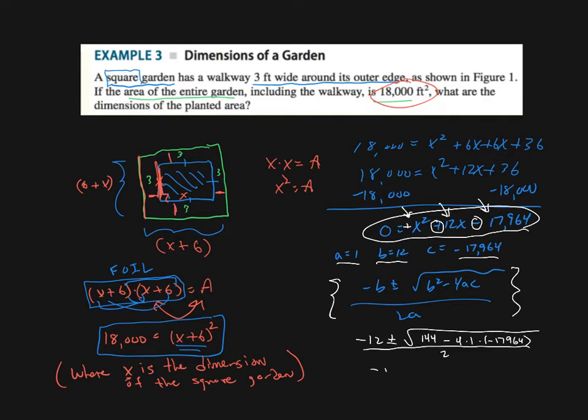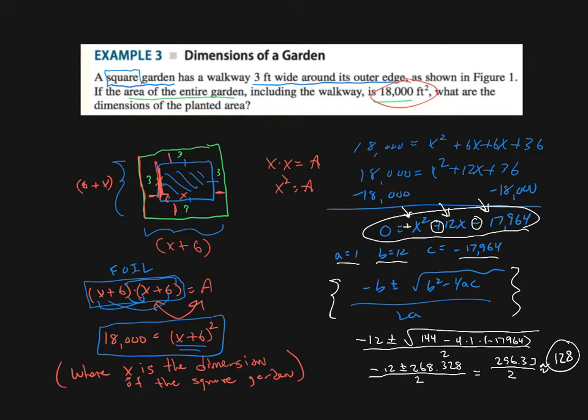And what I end up with is negative 12 plus or minus roughly 268.328. That's enough of the decimals, all divided by 2. Now, if I do the negative 12 minus that on the top, I'm going to have a big fat negative answer. So I'm only going to look at the positive version, which yields me about 256.33. Divided by 2, and I'm going to say that this is approximately 128.